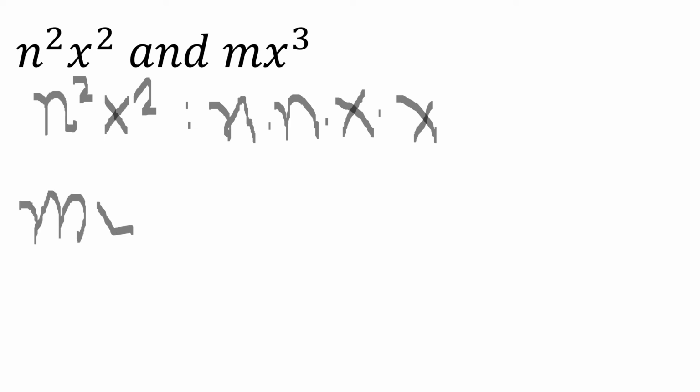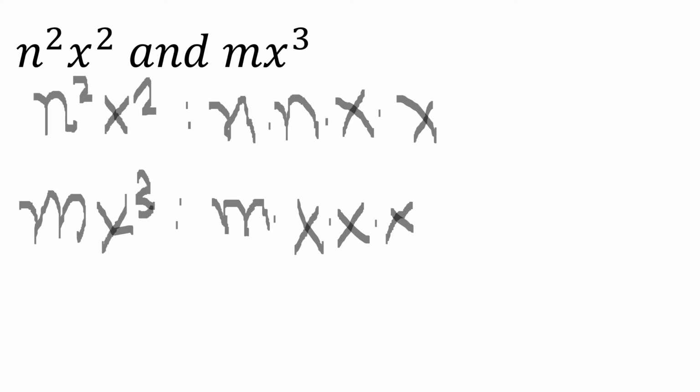So for the next expression, we have 1 m and 2 x's, 3 x's. So from these factors of each expression, what are common? So we have x. Therefore, our GCF is how many x?